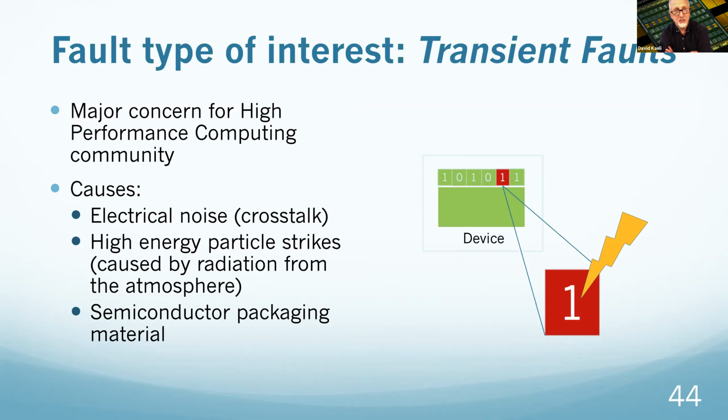Why? Because in high performance computing, applications many times require thousands and thousands of cores, hundreds of GPUs, and if one of those devices gets a wrong answer, the integrity of the whole computation is in question.